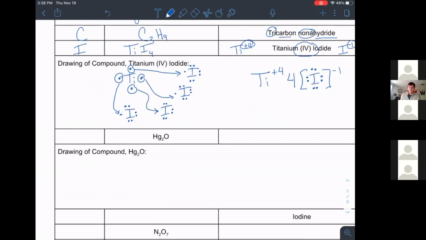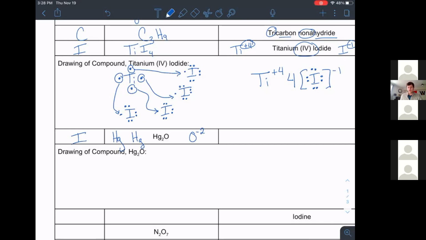The next one, we have mercury and oxygen. And so mercury is a metal, which means this is ionic again. Now for this one, mercury is a transition metal. So we need to figure out its charge to determine what Roman numeral to put next to our mercury. So in order to do that, we know that oxygen always has a -2 charge. And we know we have 2 mercuries.